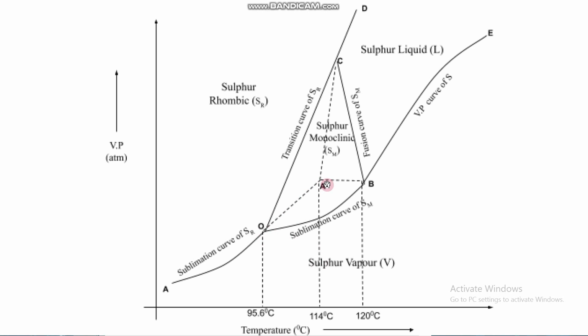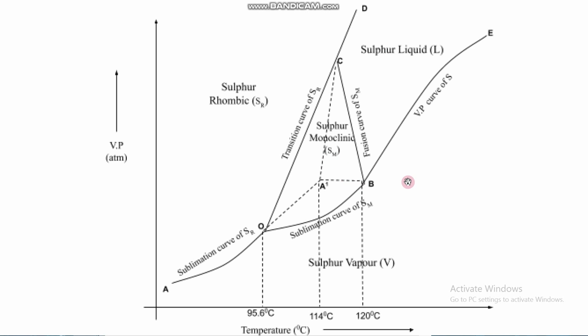Similarly, along the curve EB, sulfur liquid is in equilibrium with sulfur vapor. If the temperature is slowly decreased, at 120 degrees Celsius sulfur monoclinic is not separated out.